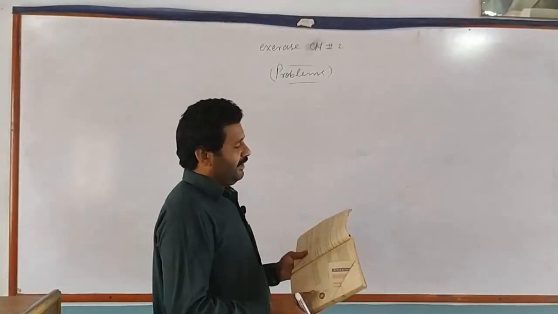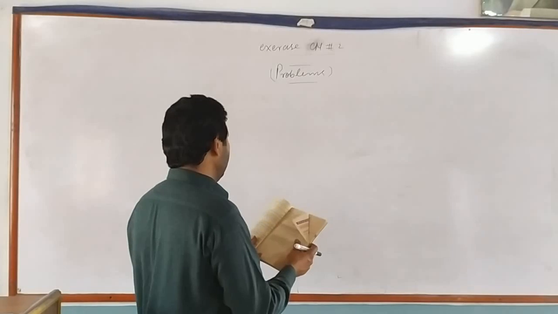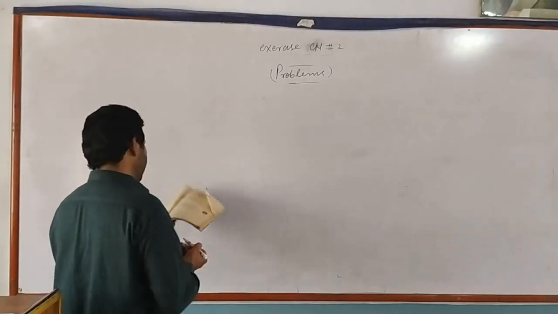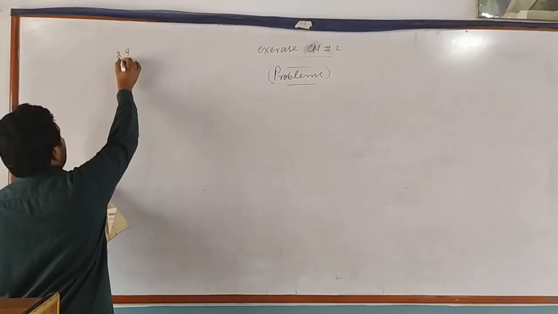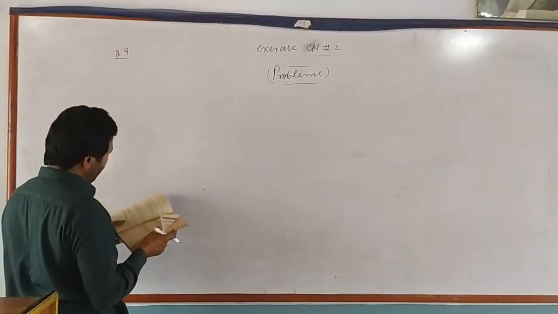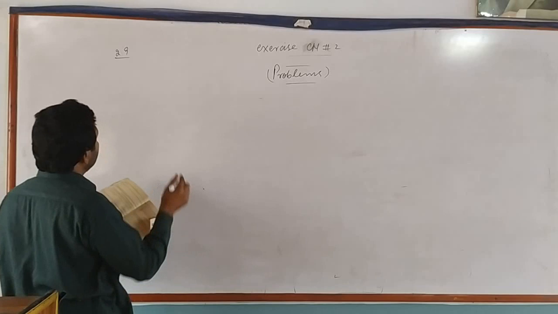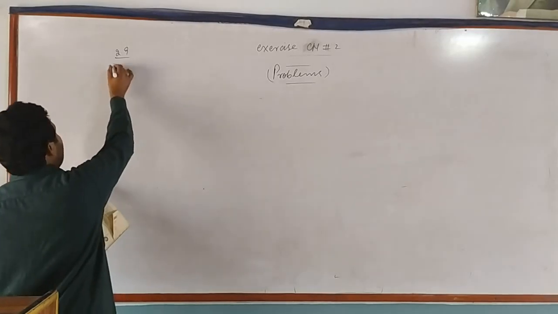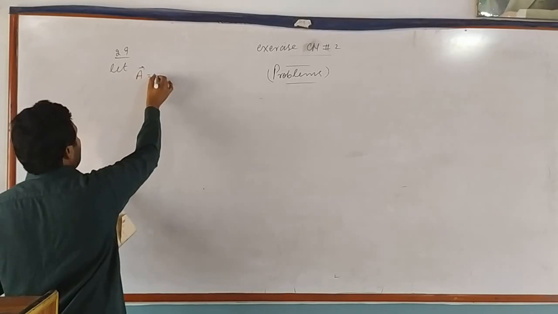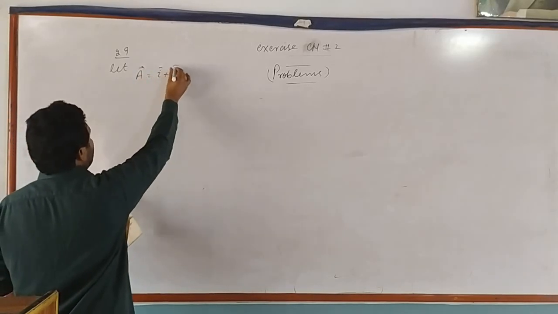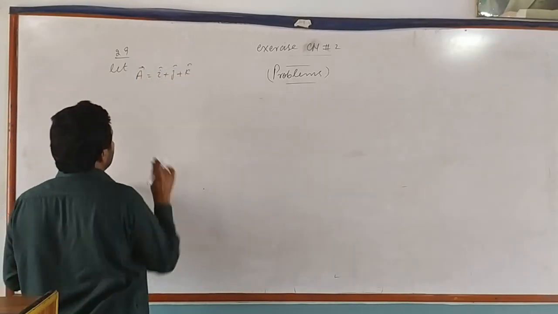Dear students, numerical number 9: show that three vectors i, j and k unit vector. Numerical number 2.9, chapter number 2, FSC first year physics. We have supposed a vector A is equal to i unit vector plus j plus k.